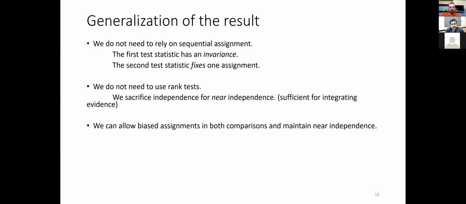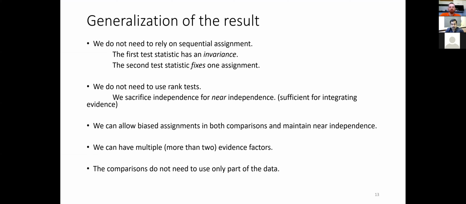Another one: I showed you that one-way bias cannot affect the other one, but you can bias both of them and you can still get near independence. Then, you don't need to do just 2 of them. You can do multiple ones, and we'll actually be doing 3 evidence factors in our empirical study.